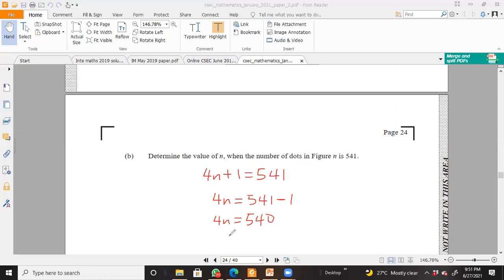Right, so n is equal to 540 divided by 4. Then work it out. What do we get? 135.